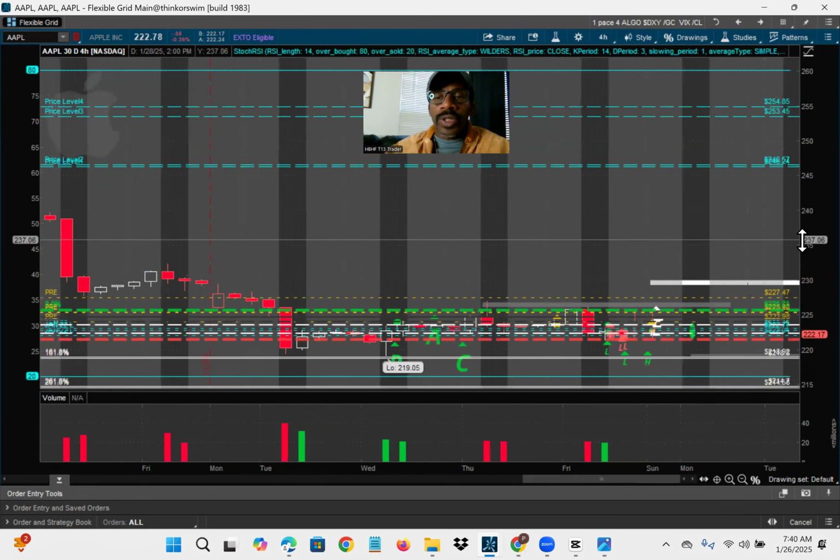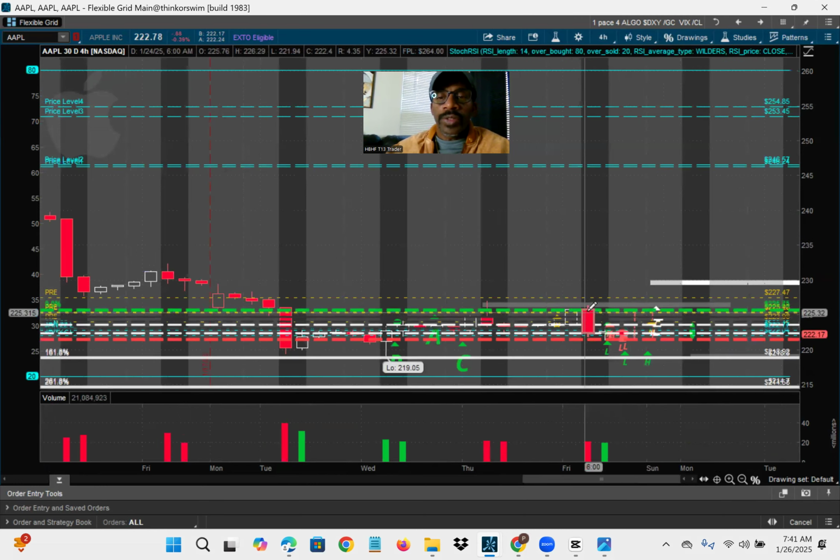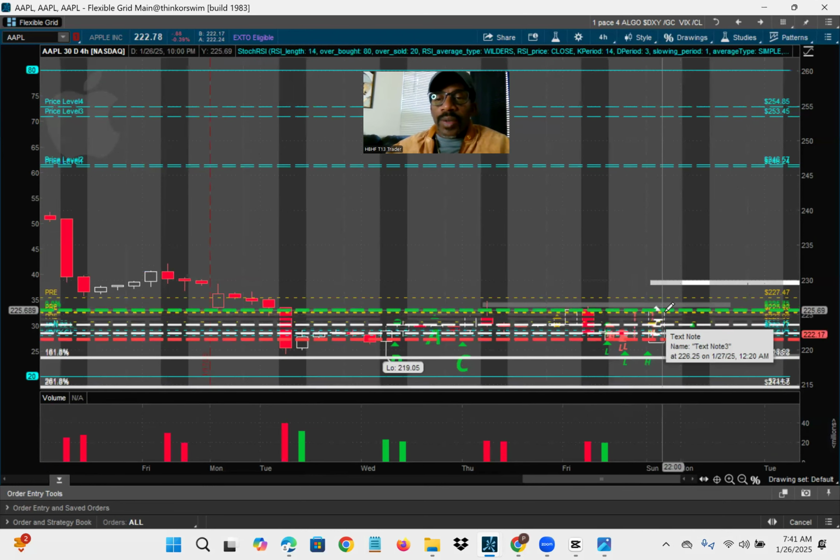Well, I was trying to show you how it gapped down from its high, that it probably can attempt to close this gap when it gapped down, and go back and retest the 226 level or the 230 level.